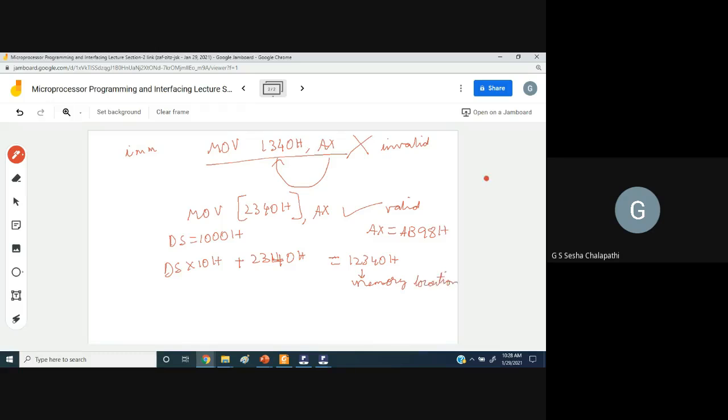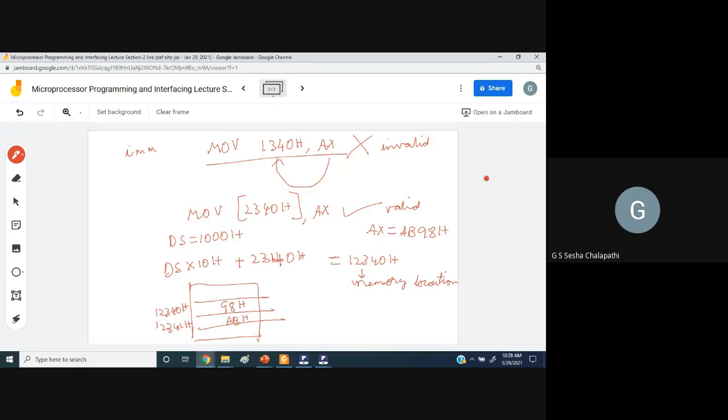So this will be the memory location. It will go to this particular memory location, 12340H and 12341H, and write AB98 into this. Again, 98 will come into the first address and AB will come into the second address.